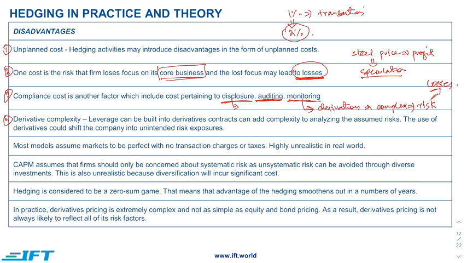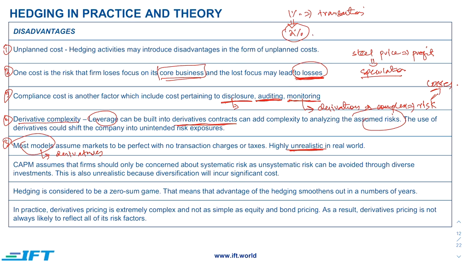Complexity, again, I have just explained that there is derivative complexity, and you can build a lot of leverage while building in the derivative market, and it may increase the assumed risk. The next point is that for the derivative pricing, for the derivative markets, we use certain models to price our derivatives. Now, some of the assumptions that go into those models are actually unrealistic.